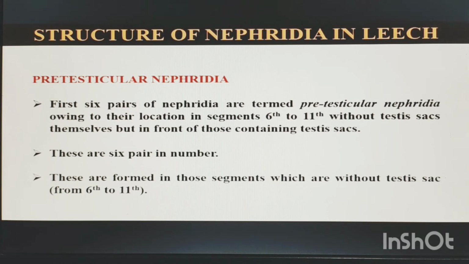First 6 pairs of nephridia are termed pretesticular nephridia owing to their location in segments 6th to 11th, without testis sacs themselves but in front of those containing testis sacs. These are 6 pairs in number, formed in those segments which are without testis sacs, that is from 6th to 11th segment.